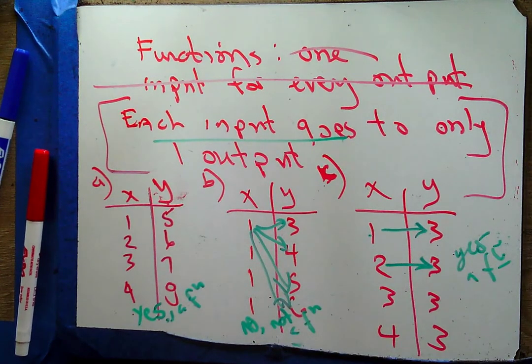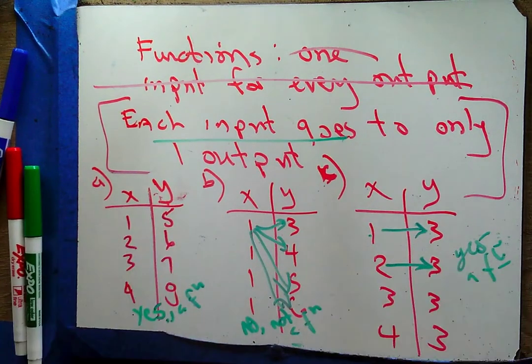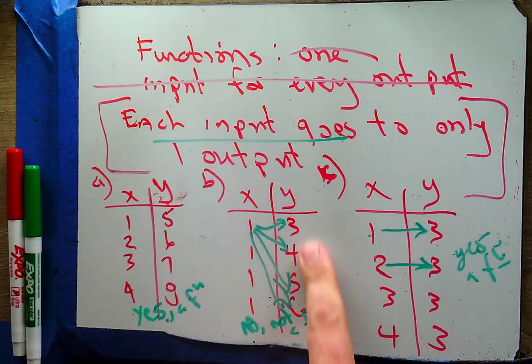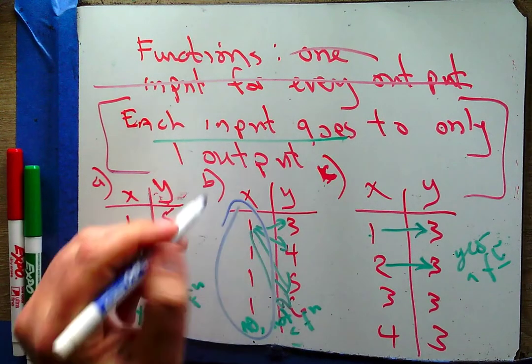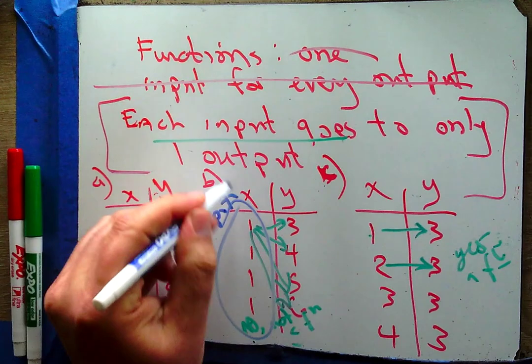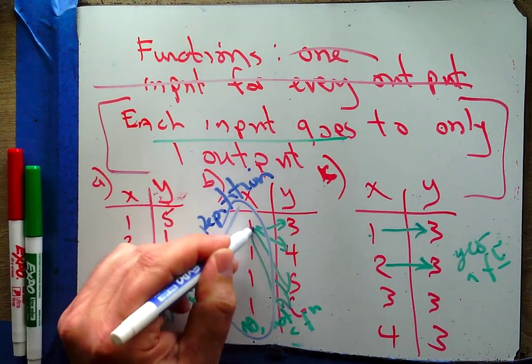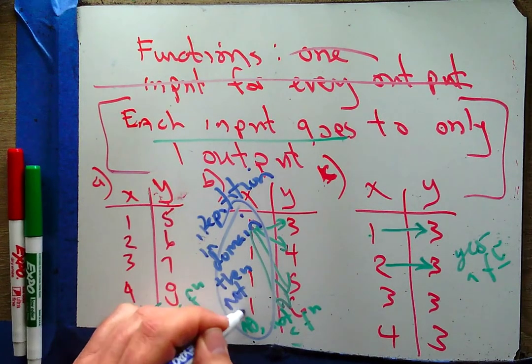Okay, so now we have some ideas based on looking at a table when we can know whether, from a table, the relation is a function or not. So what is it that we see here? If I have repetition in the domain, then not a function.